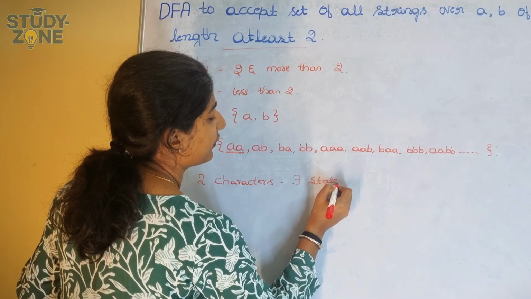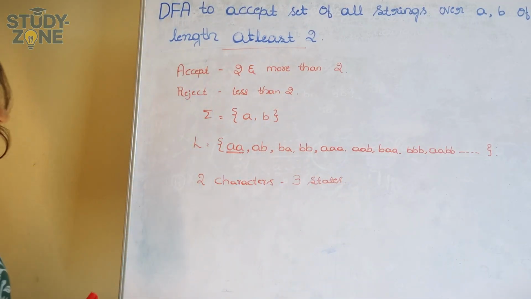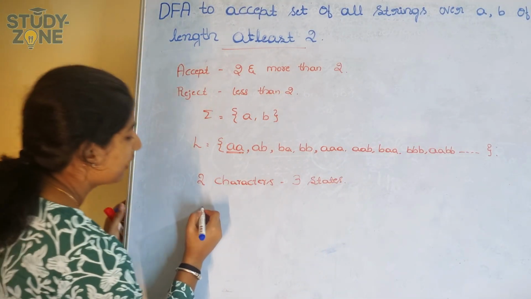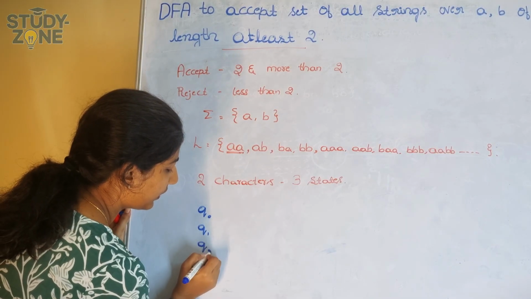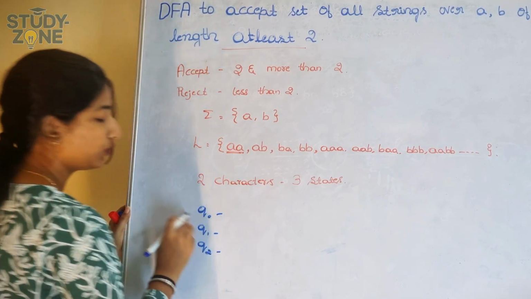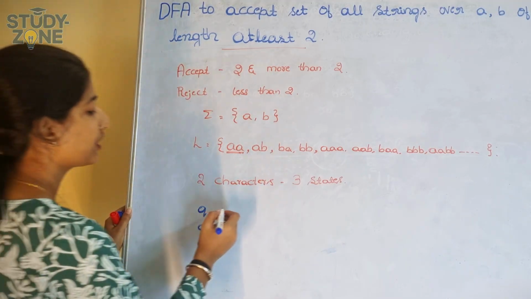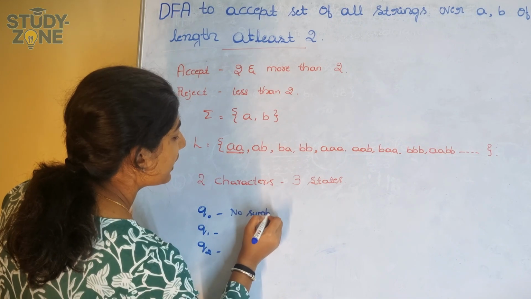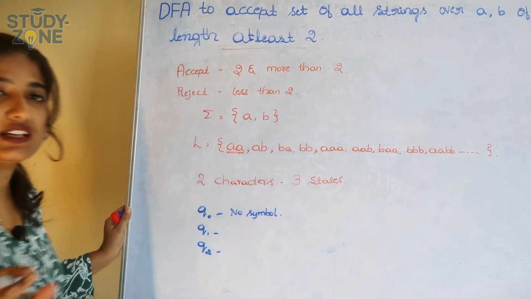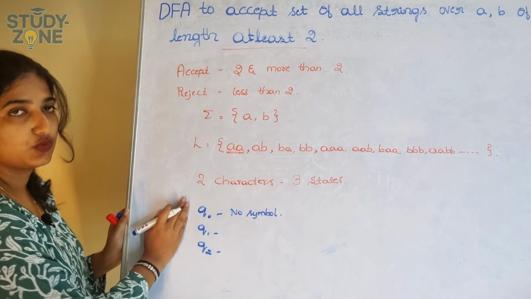The 3 states are Q0, Q1 and Q2, right? Q0 is the state that has read no symbol, which means if I didn't read any symbol, then it will be in the Q0 state.